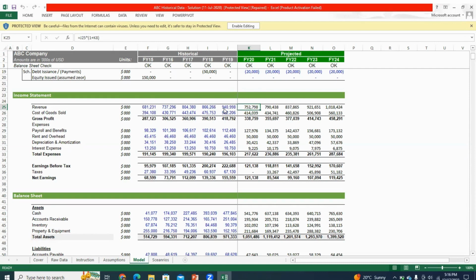For example, for financial year 2020, we have a revenue of 552,798. So it is projected, or we can say it is budgeted. But in a real sense, we can get an actual result which is different from the projected. This is only the estimation. This is used for getting loans from the banks.